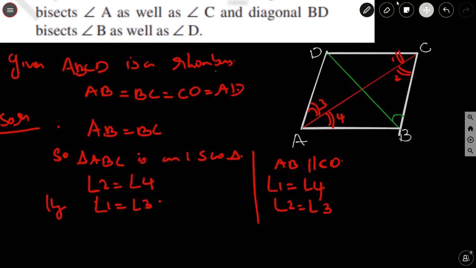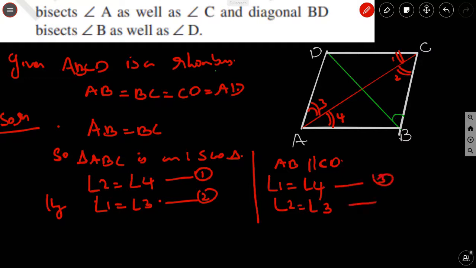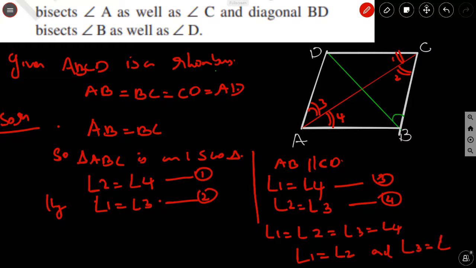Now from the above four equations, angle 2 is equal to 4, 1 is equal to 3, 1 is equal to 4 and 2 is equal to 3, means all angles are equal. Angle 1, 3, 2, 4 all are equal. That means you can write angle 1 is equal to 2 and angle 3 is equal to 4.